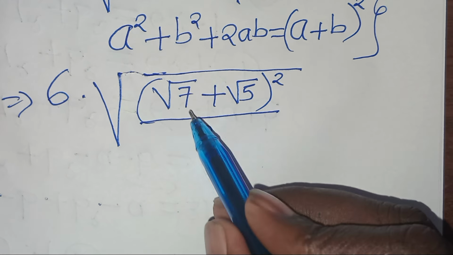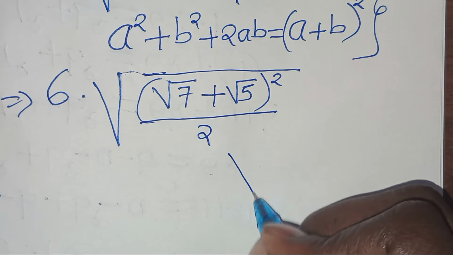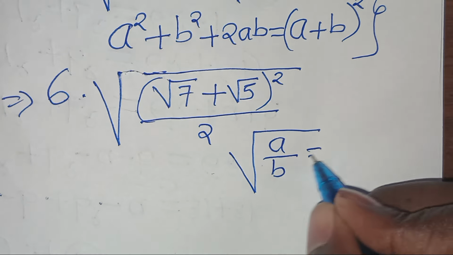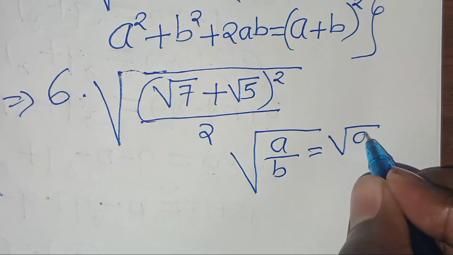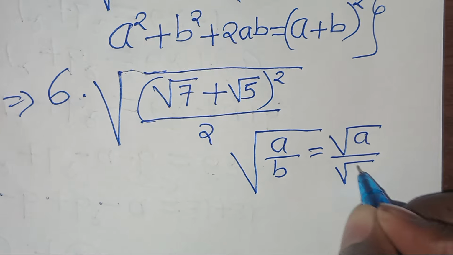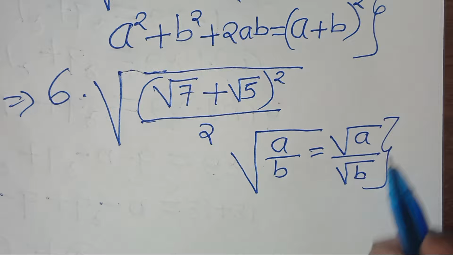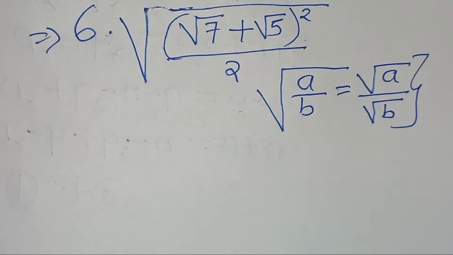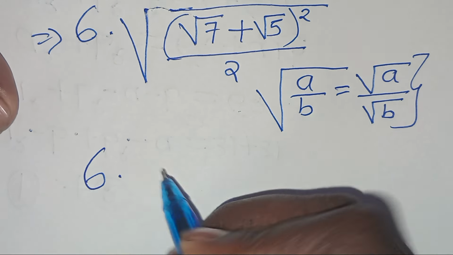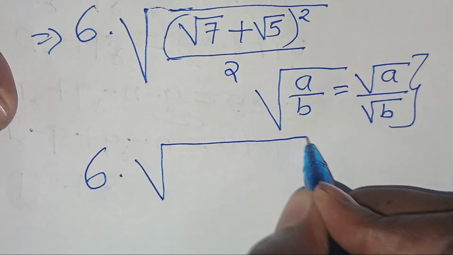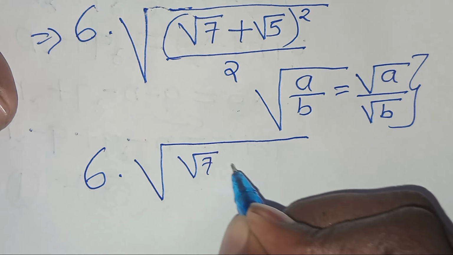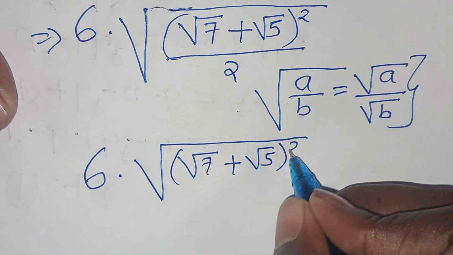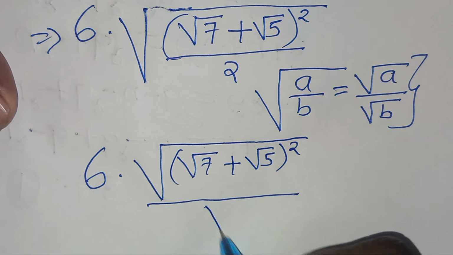Now we have that this is in the form of square root of a divided by b, which you can express as the single square root of a divided by square root of b. Let's apply this property so that now this implies we have 6 multiplied by square root of 7 plus square root of 5 raised to the power of 2 divided by square root of 2.